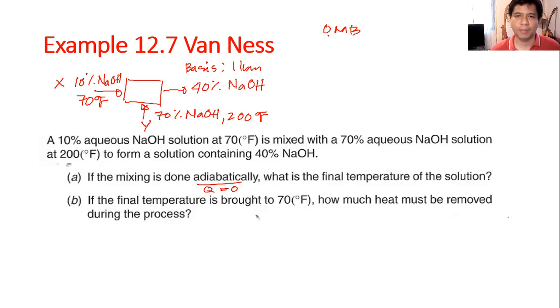So kung nag-overall mass balance kayo, you will find that x plus y, kasi parehong papasok yung x and y, is equals to 1 pound mass. Tapos sodium hydroxide balance, so we have multiply nyo lang yung x ng 10%, so 0.10x plus 0.7y.